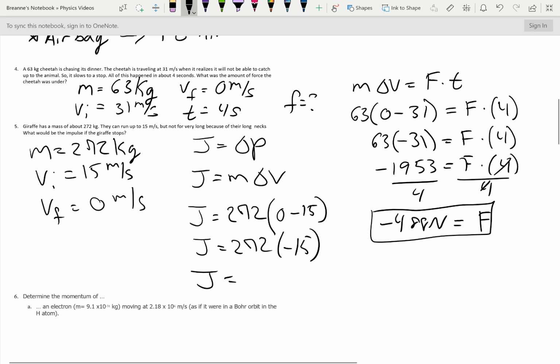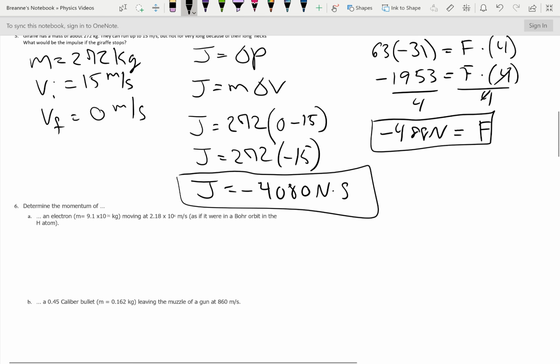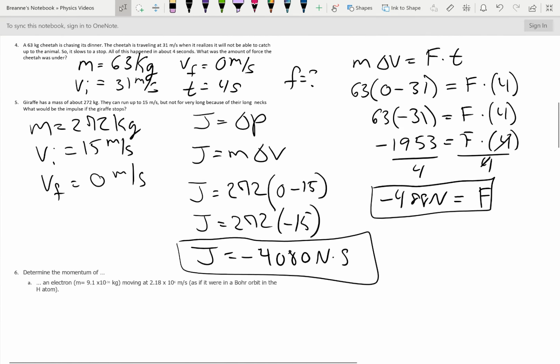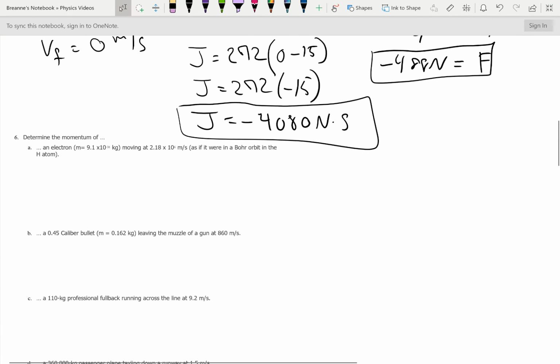You plug that into your handy-dandy calculator, and you end up getting a negative 4,080, and that'll be newton seconds. There we go. So remember, impulse is equal to change in momentum. It's a good thing to remember.